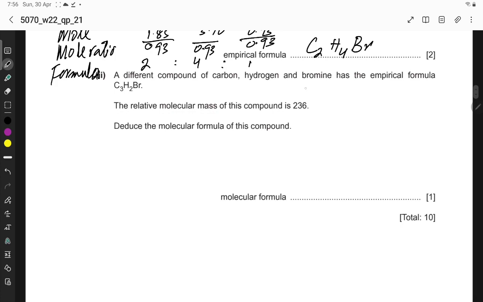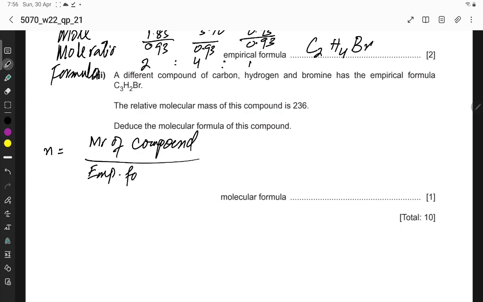A different compound of carbon, hydrogen and bromine has the empirical formula C3H2Br. The relative molecular mass of this compound is 236. So deduce the molecular formula of the compound. n is equal to Mr of compound divided by empirical formula mass.